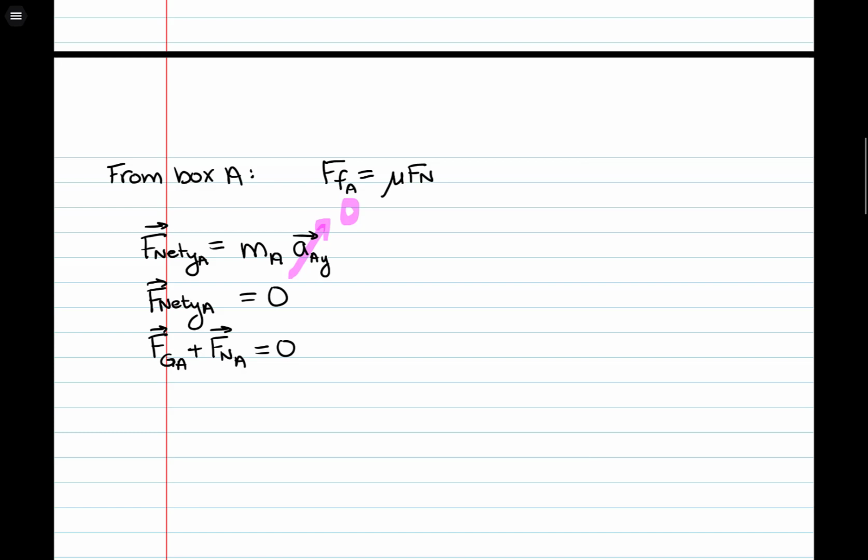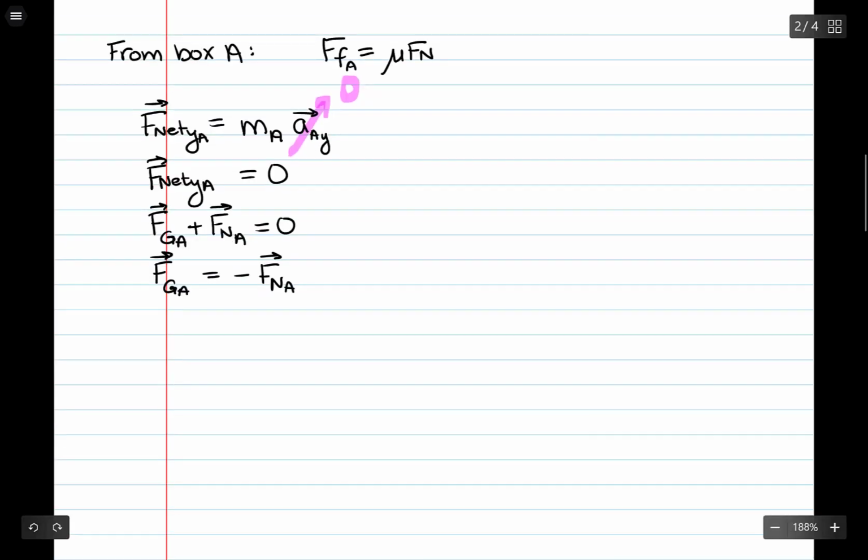Well, the force of gravity on box A is then going to be equal to the negative of that normal force, and they're vectors. So that tells me that the normal force, and I'm just going to flip my equation around here, or the negative normal force, is equal to the mass of box A multiplied by our gravitational field intensity.